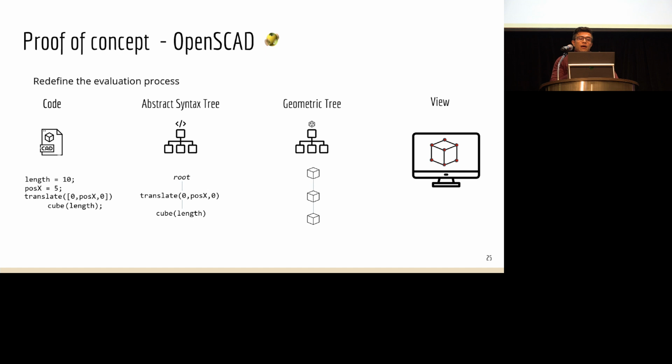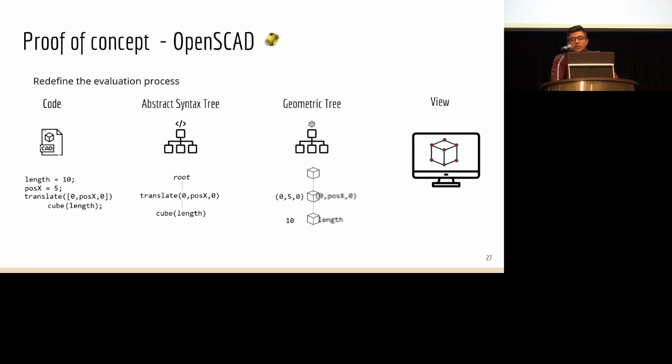Normally, what happens in OpenSCAD is that it parses the code into an abstract syntax tree that later creates a geometric tree, and after that it is rendered in the view. In the process, OpenSCAD evaluates the value of the variables and keeps only the evaluated values, just as numbers.